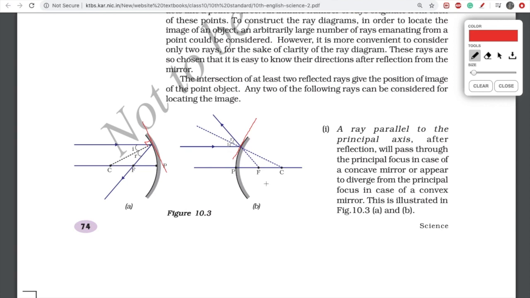So these rules are all formed based on the laws of reflection only. So first rule over now. So what was the first rule? Whatever ray comes parallel to the principal axis, when it touches the mirror, it will get reflected back and touch the focus. Let us go down to the next.